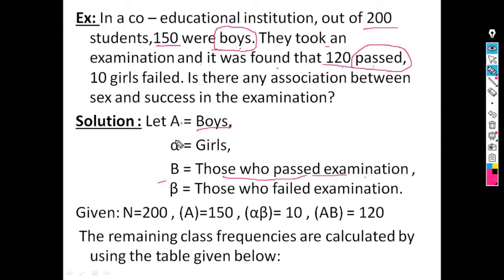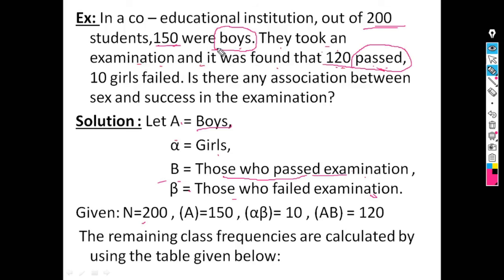Since A is boys, alpha is the girls, and B is those who passed in the examination, so beta is those who failed in the examination. Now the given thing is, there are total 200 students, so the value of N is 200. 150 were boys, which means the value of A is 150. They took an examination and it was found that 120 passed.